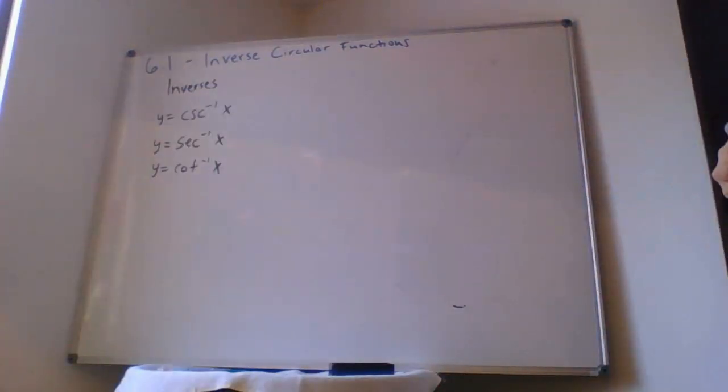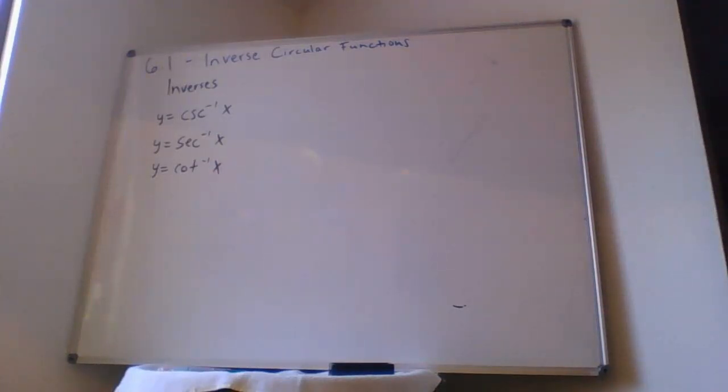Now, the three remaining trigonometric functions also have inverses. So we have y equals cosecant inverse of x, y equals secant inverse of x, and y equals cotangent inverse of x. The graphs of these are sketched quickly in the notes. However, we're not going to be focusing much on the graphs of any of the inverse functions.